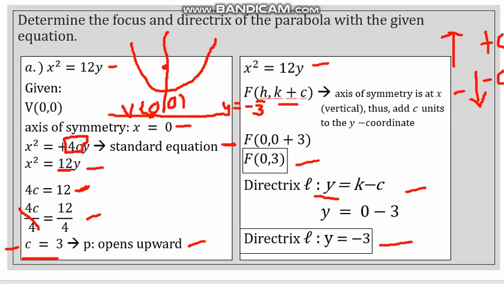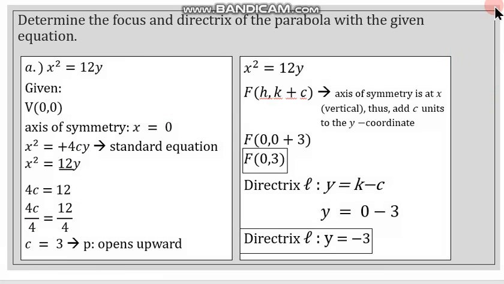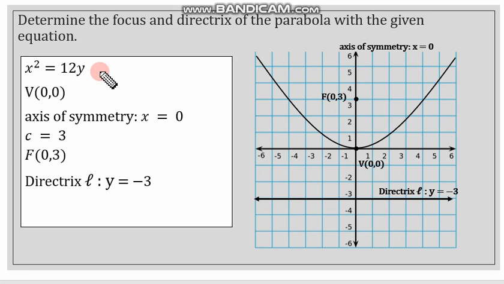Okay. So this is the figure if we plot it in a coordinate plane. So our equation is x squared is equal to 12y. Our vertex is at 0, 0.